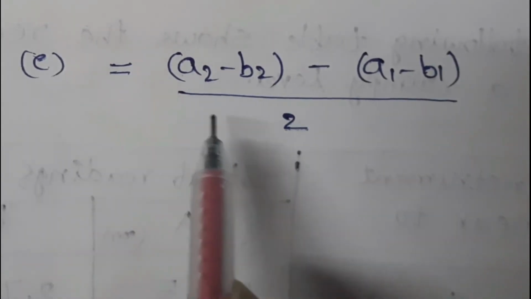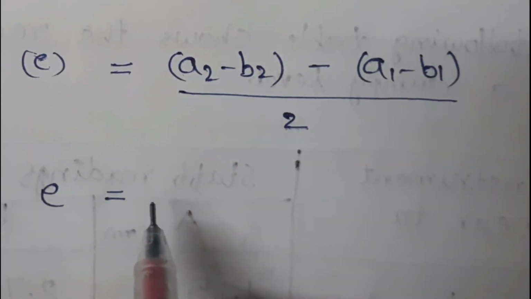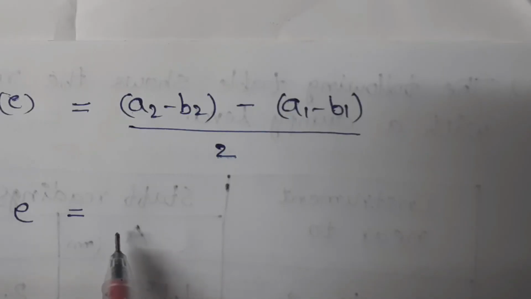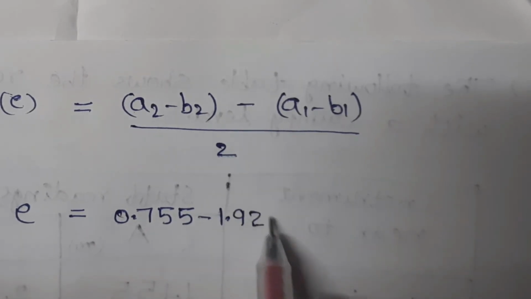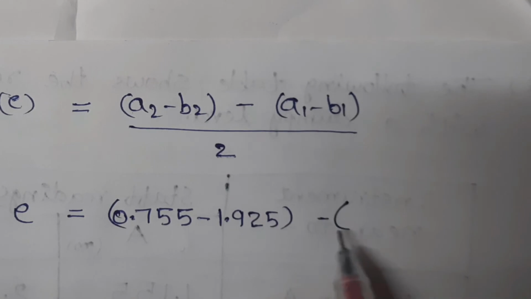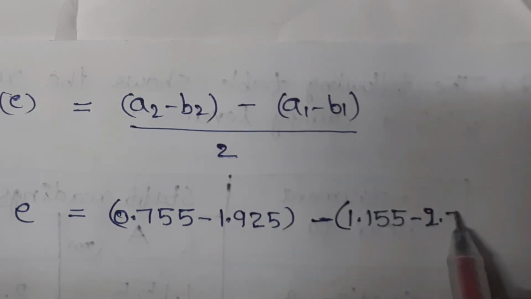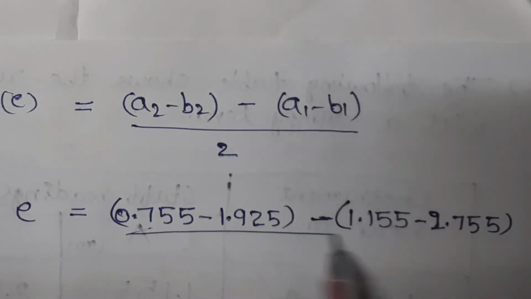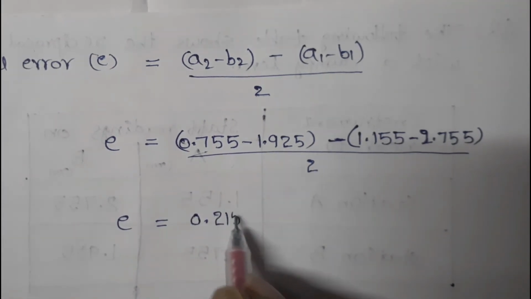Substituting the reciprocal levels: A2 is 0.755 minus 1.925, minus A1 1.155 minus 2.755, all divided by 2. Total error will be 0.215 meters.